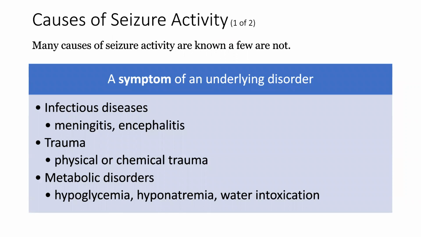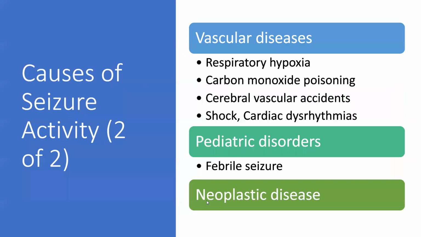What are the causes? Many causes of seizure activity are known, but a few are not. It can be a symptom of an underlying disorder: infectious disease, meningitis, encephalitis, inflammation of the brain and meninges. Trauma can be physical or chemical. Metabolic disorders like hypoglycemia, hyponatremia, or water intoxication.